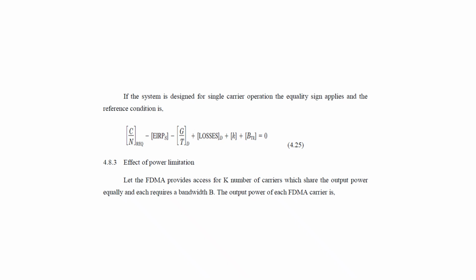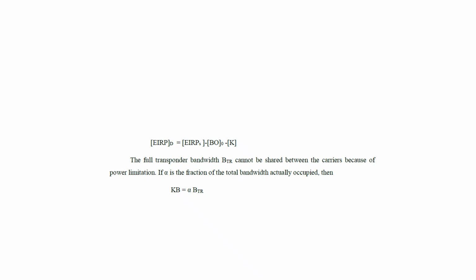Next, the effect of power limitation. Let the FDMA provide access for k number of carriers which share the output power equally and each requires a bandwidth B. The output of each FDMA carrier is further calculated as EIRP per carrier equals EIRP minus output backoff minus K. For the full transponder bandwidth, BTR cannot be shared between the carriers because of power limitation.